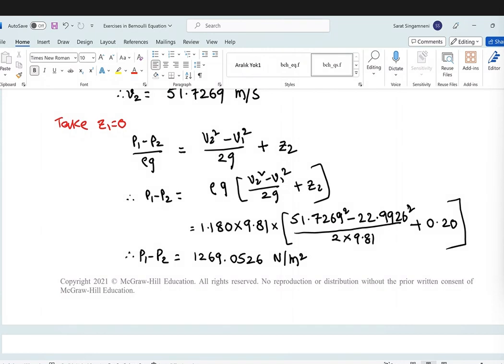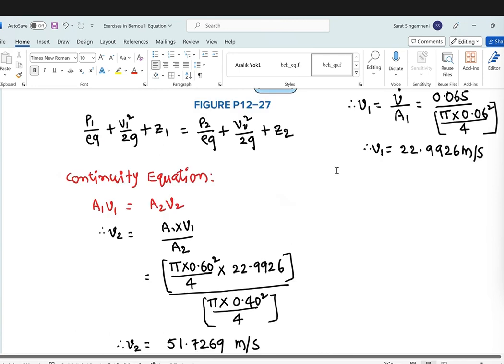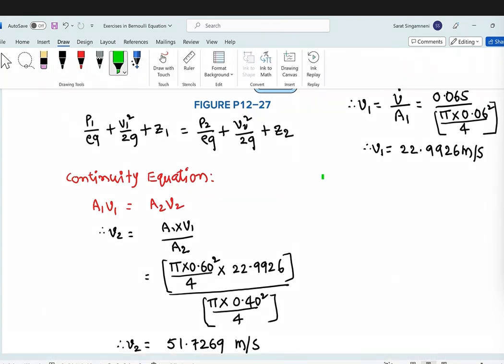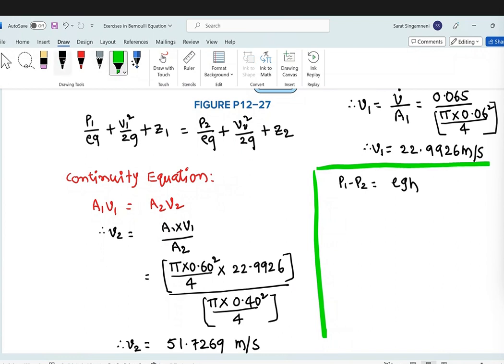But this pressure difference is reflected in the height difference in the two columns of the manometer, which is based on water. So we know P1 minus P2 must be equal to rho g H. Therefore, H is equal to P1 minus P2 over rho g.